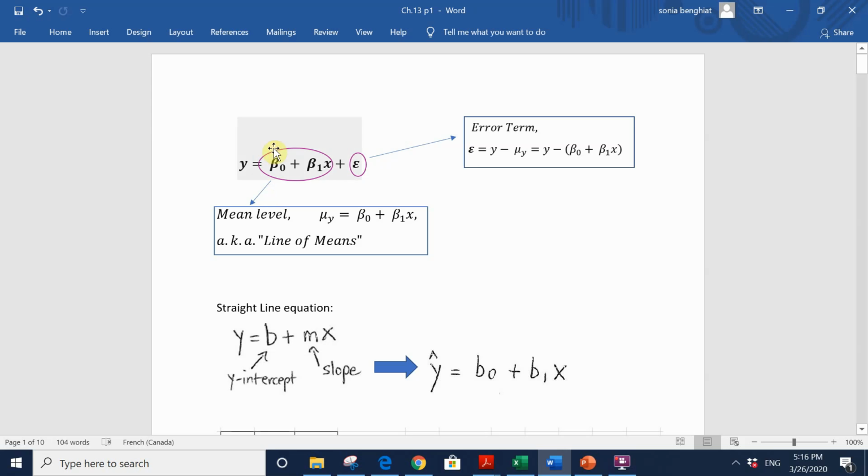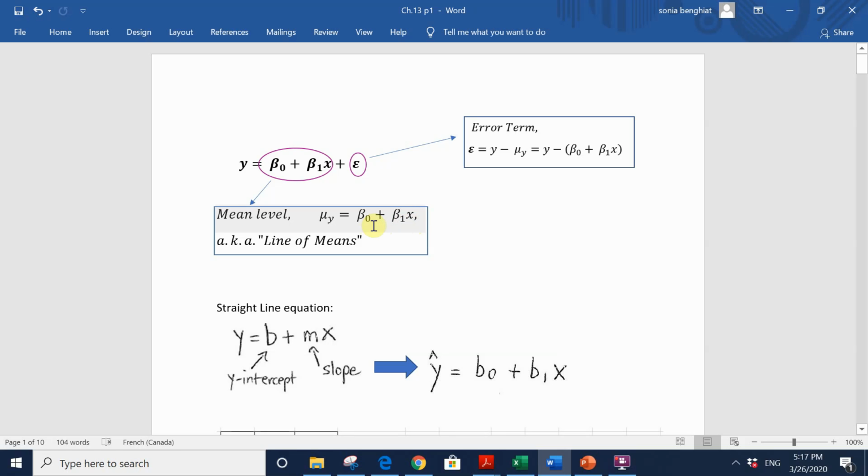You've got this component right here, which we call the mean level or the mean value of y. And so this mean level is represented by the symbol mu of y, and it is equal to exactly this portion of the simple linear regression model. It is equal to beta naught plus beta 1 times x.